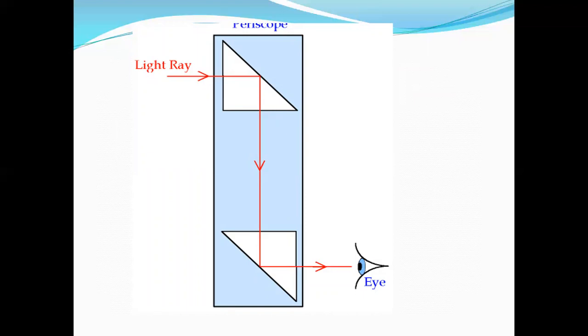You see, these two total internal reflecting prisms are used in this periscope. The path of the ray of light is this way. If the light enters the periscope, it hits this side of the prism and reflects back in this direction and comes out in this way, and you see the picture.